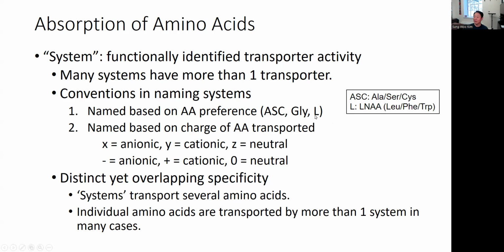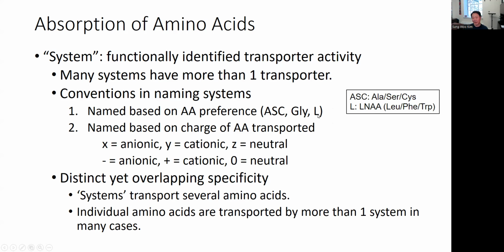And for system L, L stands for large neutral amino acids. The R groups of these amino acids are large, bulky, and neutral, such as leucine, phenylalanine, and tryptophan. So system L is responsible for transporting leucine, phenylalanine, and tryptophan.